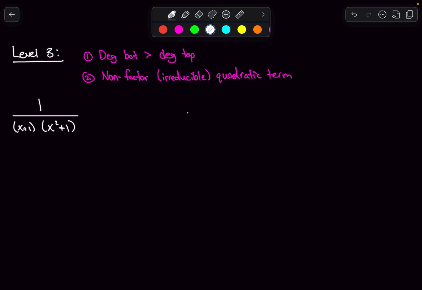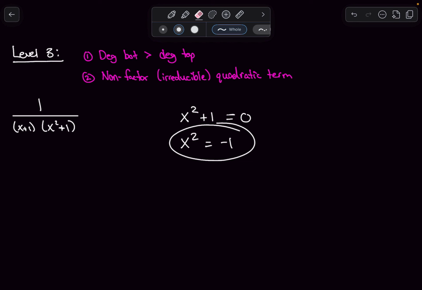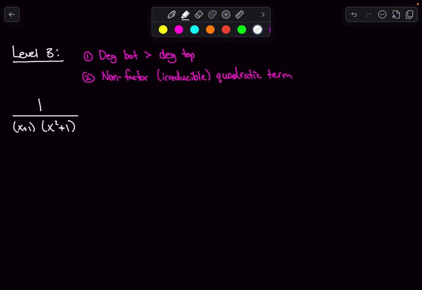Because if you were to try to factor it, x squared plus 1 equals 0 gives us x squared is equal to -1. And since we're not working with complex numbers, imaginary numbers, we don't have a way to factor this. You can use the quadratic formula all you want, you're not going to be able to factor it. So when we talk about this irreducible quadratic, we're talking about a quadratic that does not factor.